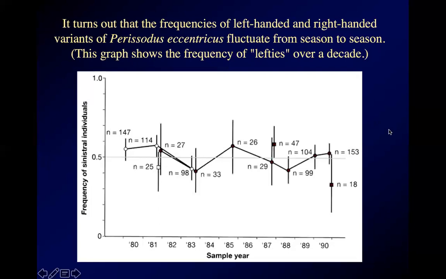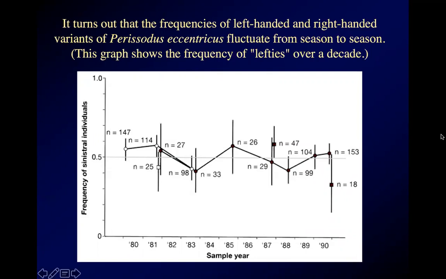Right? So if the right-handed fish, the ones with their mouths twisted to the right, are the ones that are most common, the prey is going to be aware of that. They're going to be expecting an attack from that side. If you're a left-handed fish, right, you're attacking from the side that they are not expecting, right?